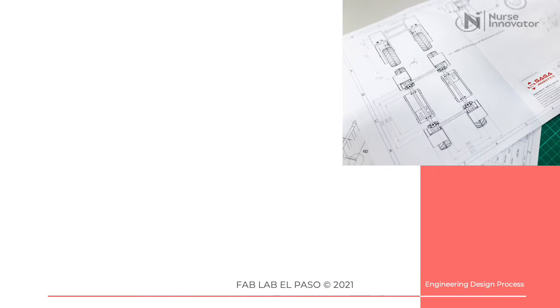Let's take a closer look at the basic steps of the engineering process. The engineering process has the following steps. First, a problem is defined, and then research is conducted into identifying the requirements of what the solution might entail.